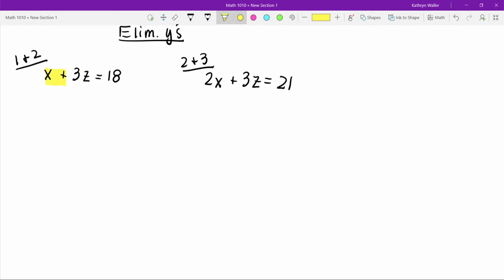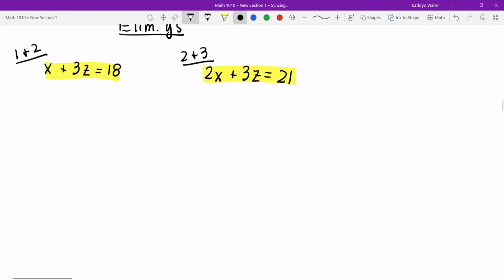Now I'm going to take this guy, and I'm going to eliminate something else. I'm either going to get rid of the x's or the z's. Look at the x's, 1 and 2. Look at the z's, 3 and 3. What's going to be easier, x's or z's? Z's. So all you have to do is change one of the signs. So I'm going to take this guy and distribute a negative.